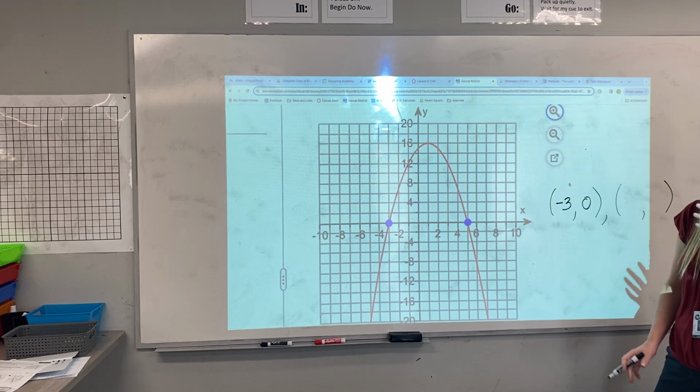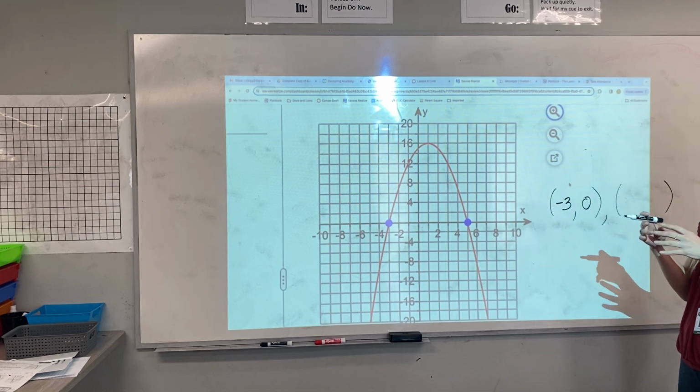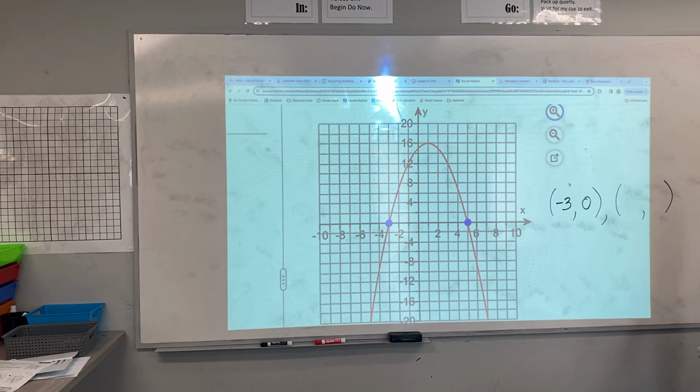You were in the mode of I have to explain it, a little over-explaining that one, but the x-intercept would be -3, 0. And then Abby, what would the other x-intercept be? +3, 0. Look a little closer at those numbers.